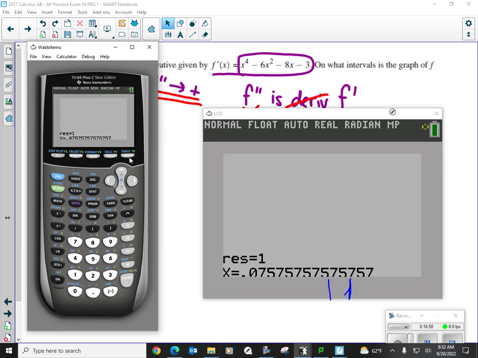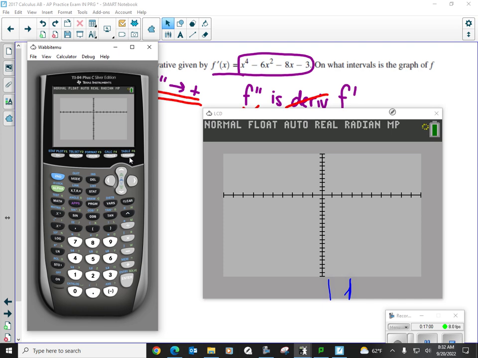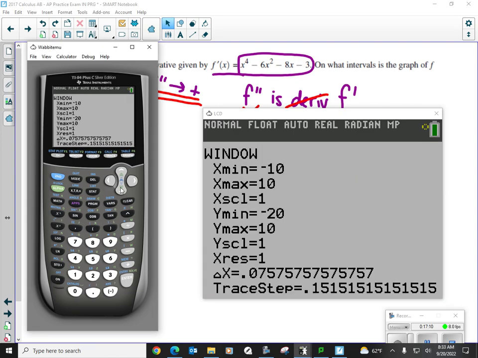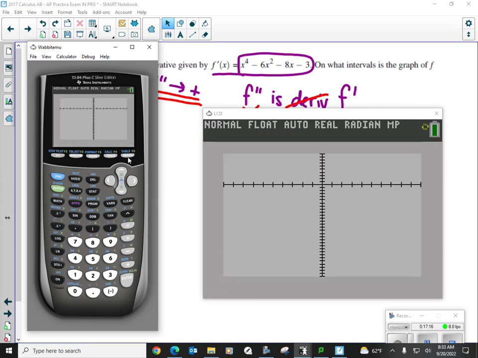Let's graph that. Even further. Let's go to the window and drop down even further, to -30. Here we go. Thank God.